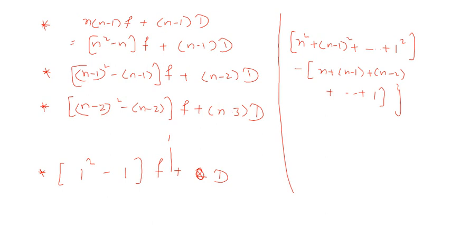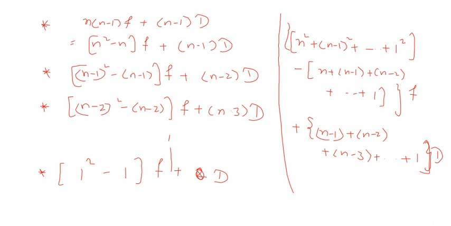Now the divisions are n minus 1 plus n minus 2 plus n minus 3 plus and so on plus 1, the sum of n minus 1 natural numbers. You can perform the sums for them.